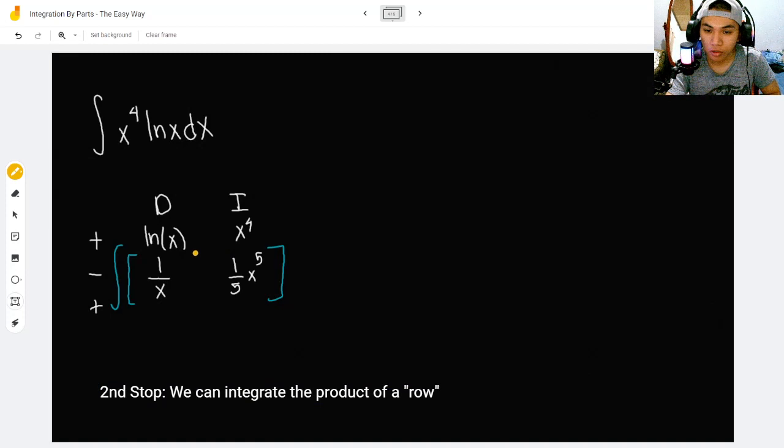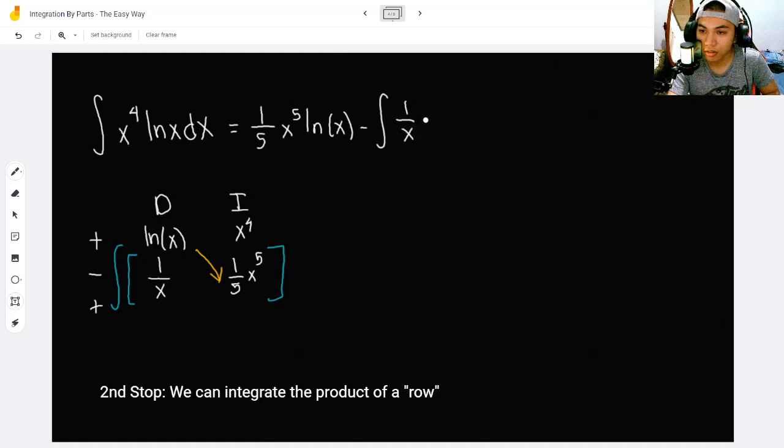Now, again, we multiply that. So the first part of the answer would be, hold on, let me check. Alright, so we have 1 over 5 x to the 5th power ln x minus the integral of 1 over x times 1 over 5 x to the 5th power dx.